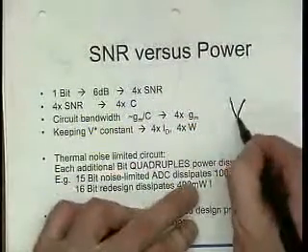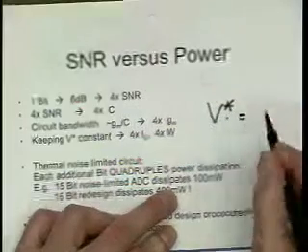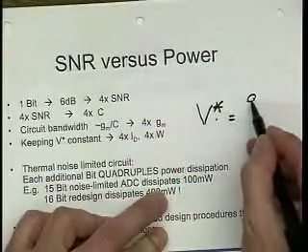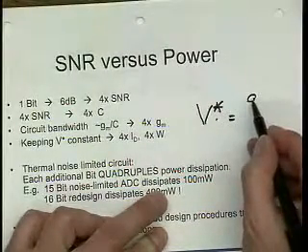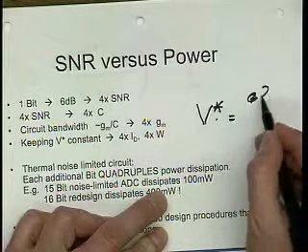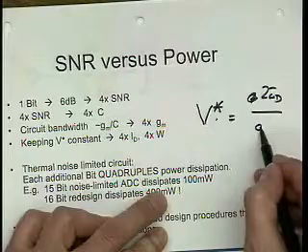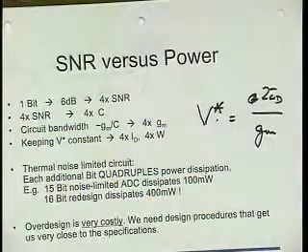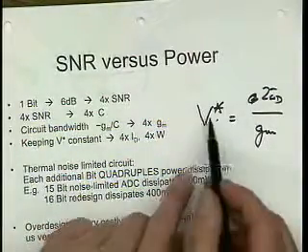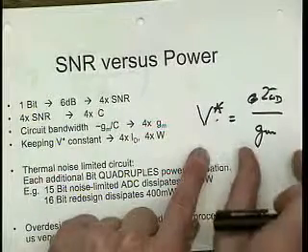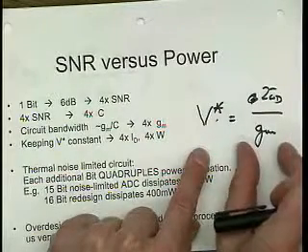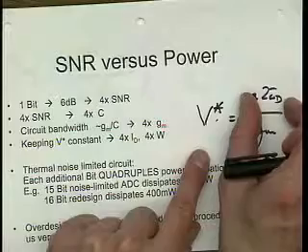Now this V star business again comes in handy. V star is 2ID over Gm. So if I want to keep V star the same, I increase Gm by 4x, I've got to increase ID by 4x.